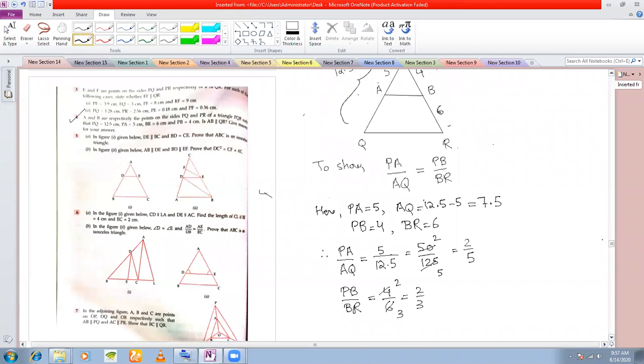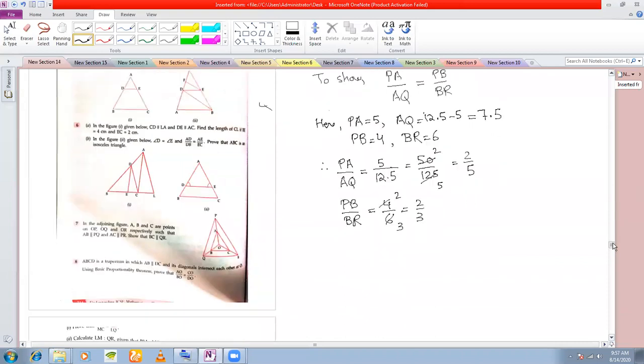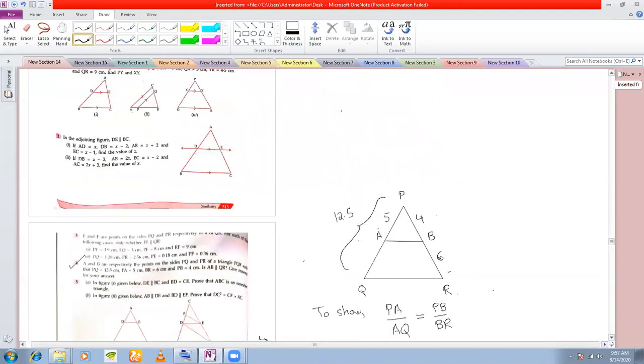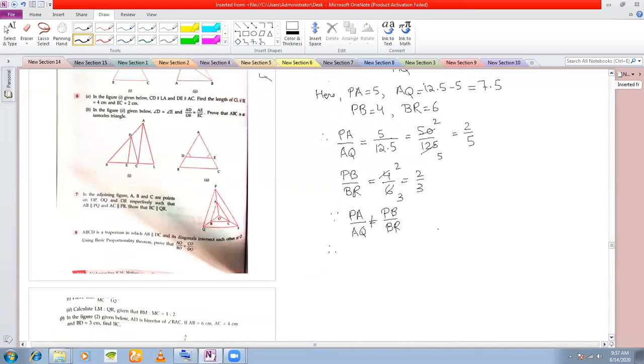That means they are not parallel. So your answer is, since PA by AQ is not equal to PB by BR, therefore AB is not parallel to QR by the converse of BPT.